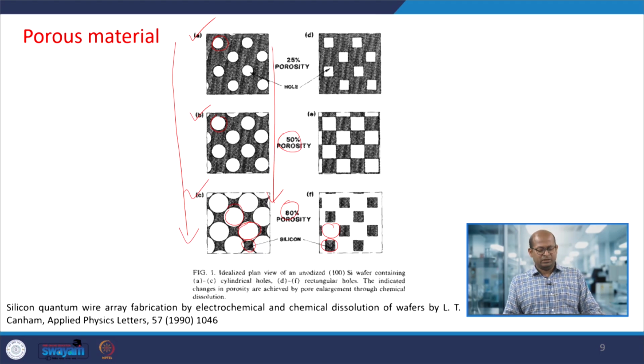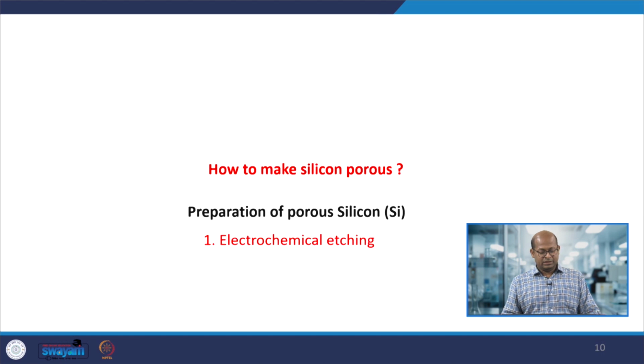On the right hand side, rectangular pores have been developed, and the porosity is again 25%, 50%, 80%. Depending on the method of synthesis we can change the porosity.